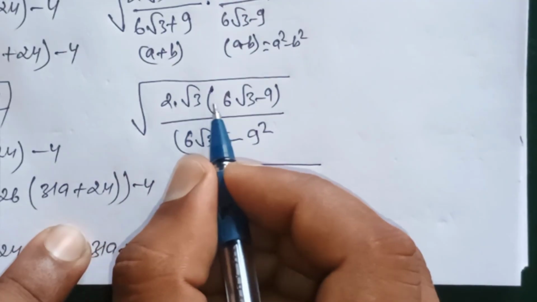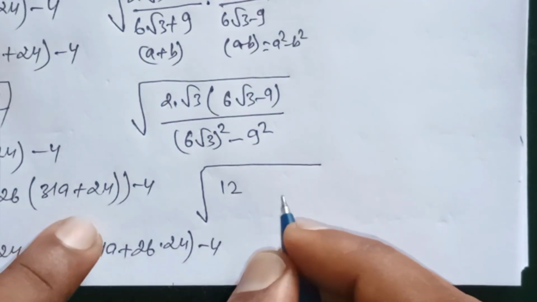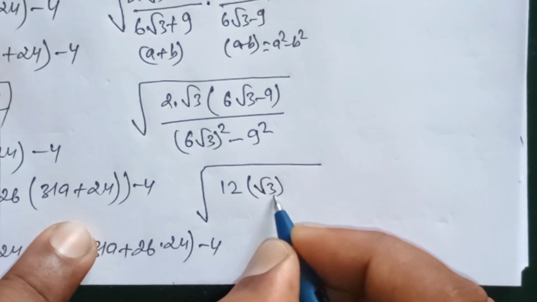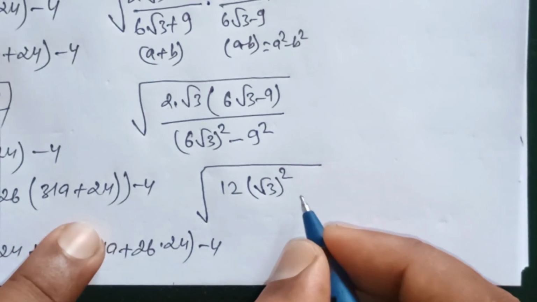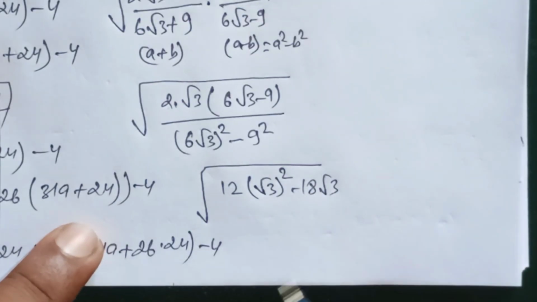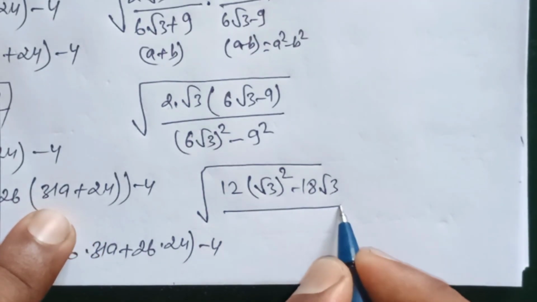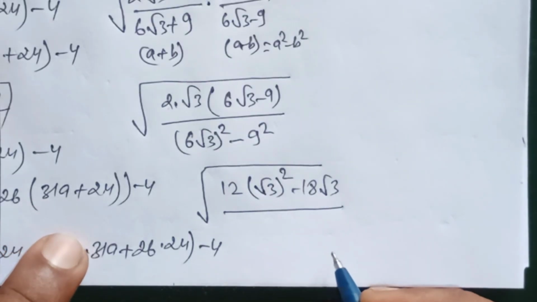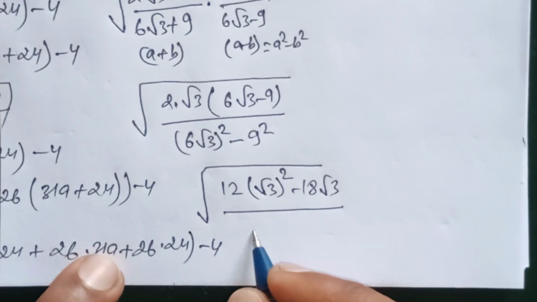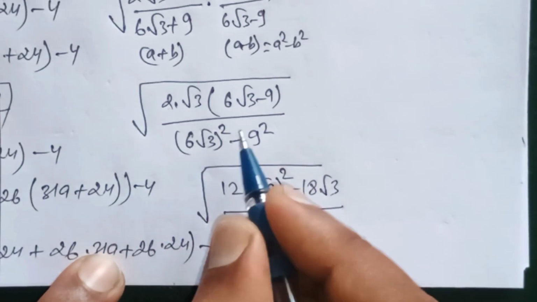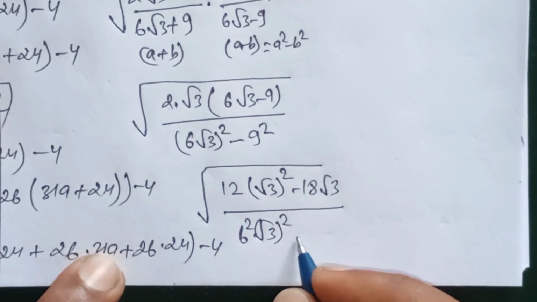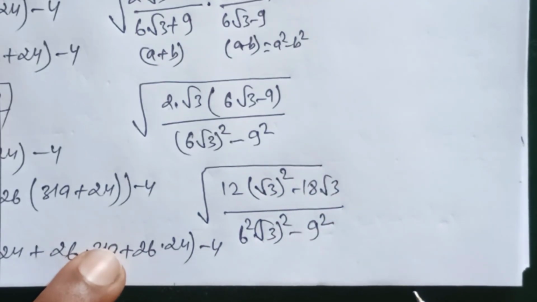After that, root under 6 to the 12, bracket open, root 3 whole square minus 18 root 3, divided by 6 square into root 3 whole square minus 9 square.